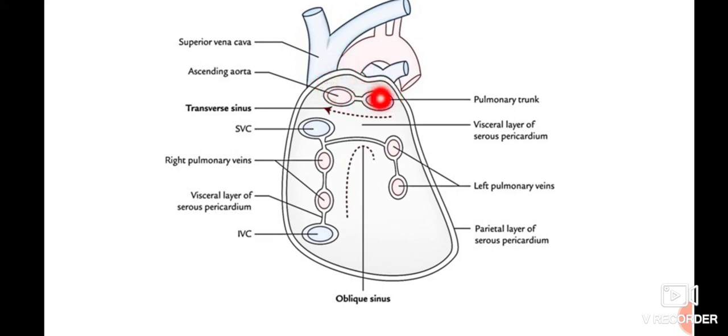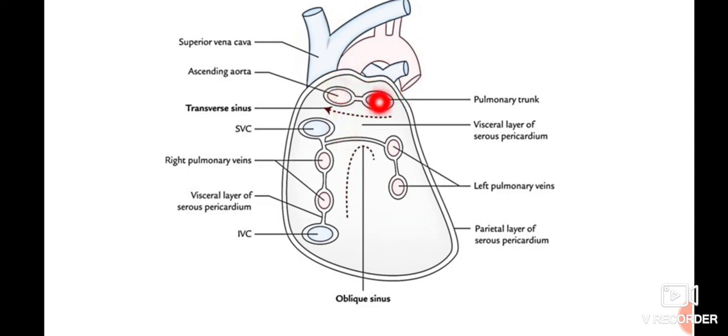Aorta and the pulmonary trunk are the 2 arteries related to the chambers of the heart, while the remaining structures are the veins. For example, superior vena cava, inferior vena cava, then the left pulmonary veins, 4 pulmonary veins, all these are veins. Only the aorta and the pulmonary trunk are the 2 arteries.